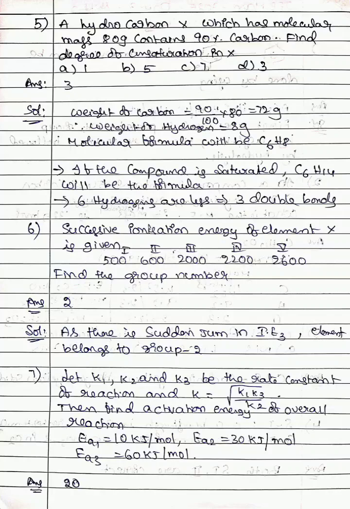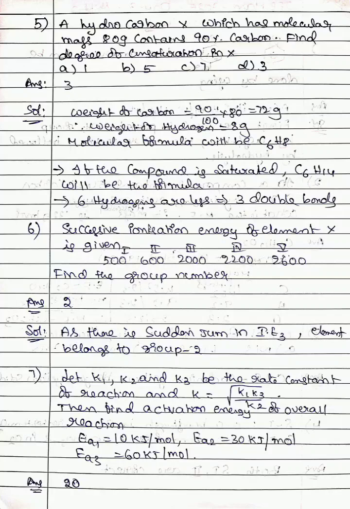So the molecular formula of the hydrocarbon will be C6H8. If the compound is saturated, it should have contained 14 hydrogens, but only 8 hydrogens are there. That means 3 double bonds must be present, as 6 hydrogens are less than expected. So the degree of unsaturation is 3.